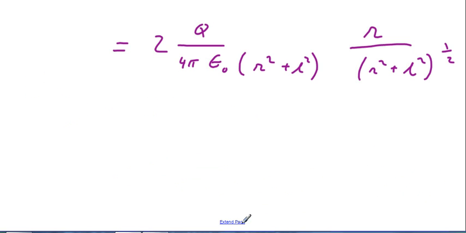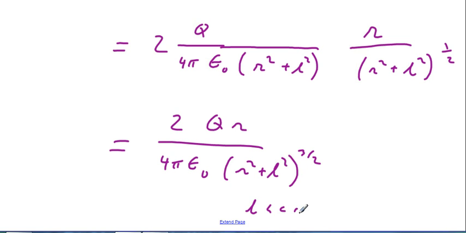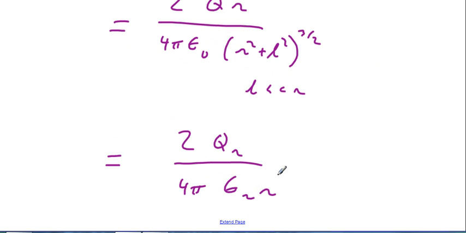And maybe you see that, maybe you don't. We hope you do. And that'd be 2QR divided by 4 pi epsilon naught times (r squared plus L squared) to the 3/2. Because L is so much smaller than R, we can rewrite that and say that this is going to be 2QR divided by 4 pi epsilon naught R cubed.